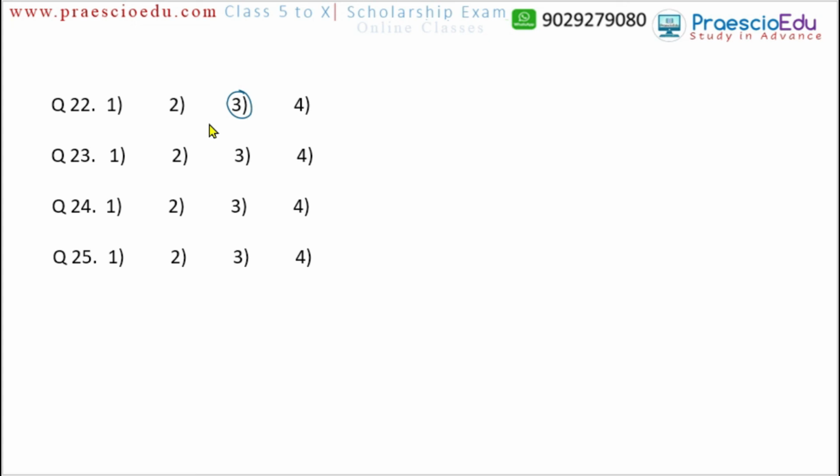Now, question number 23. So there is a half circle at the center, okay, and the vertical line is there, and at the top and the bottom there is also a half curve, okay, but the half curve is in the same direction. After the rotation only we can get, means the top one at the right and the bottom one toward the left side. If you rotate this complete figure 90 degrees clockwise, the second figure comes, and after the second, again a 90-degree turn.